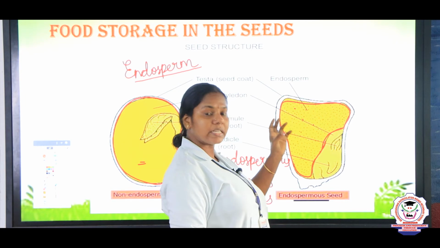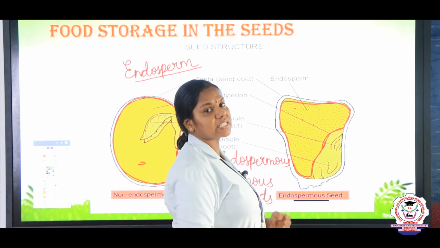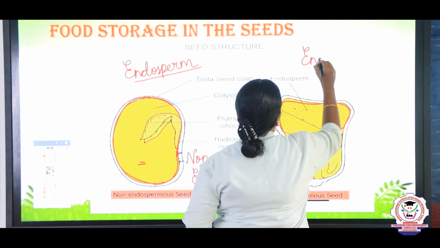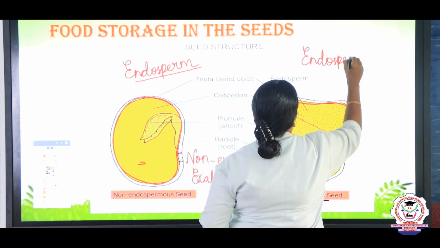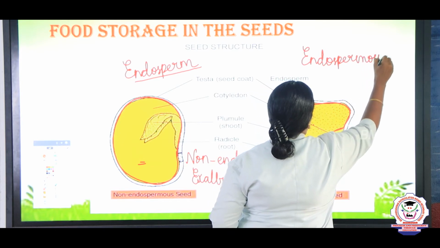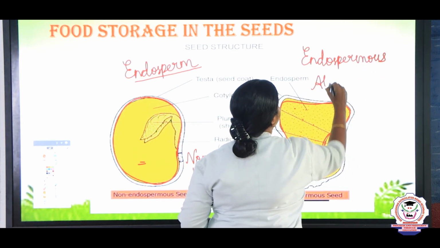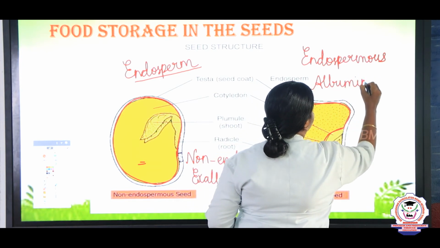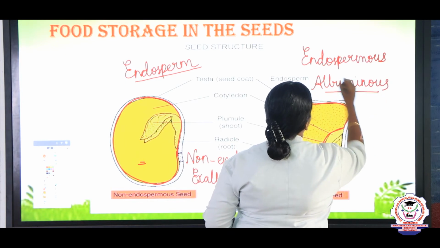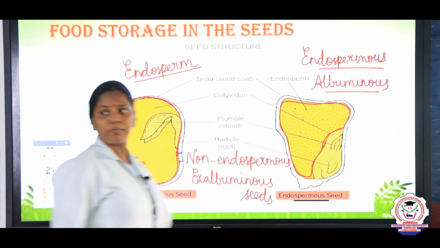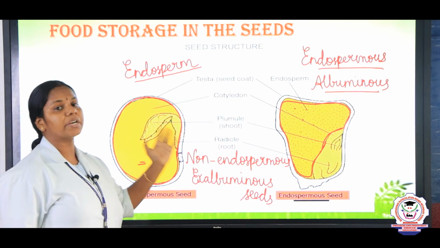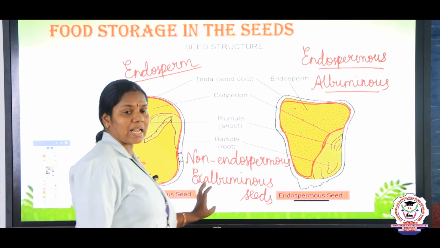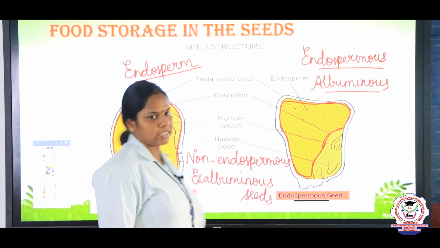The seeds, especially monocots, which possess the endosperm, we say them as endospermous, or albuminous seeds. From this they will ask a 2-mark question, children. Differentiate between endospermous and non-endospermous seeds with an example, or differentiate between ex-albuminous and albuminous seeds.